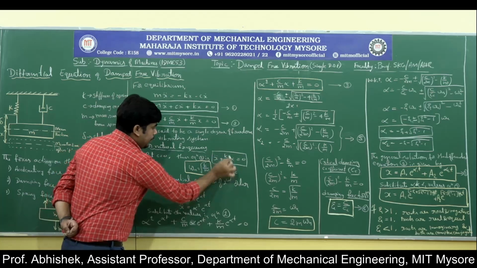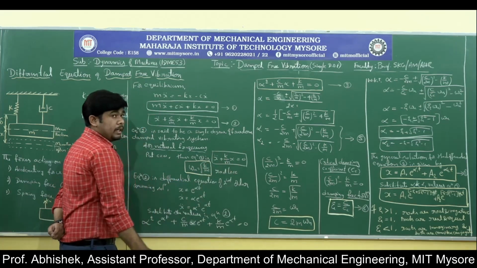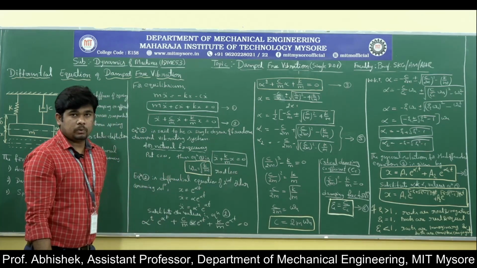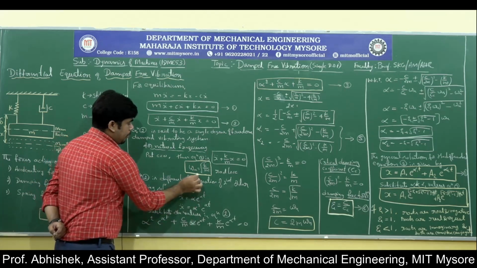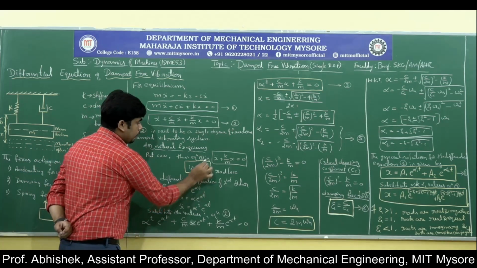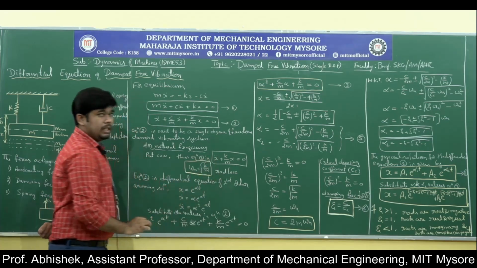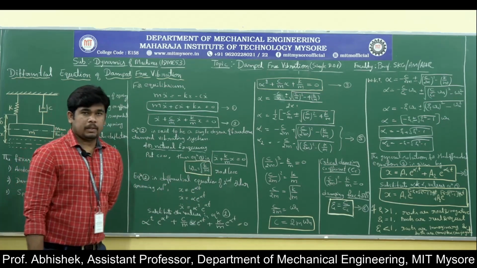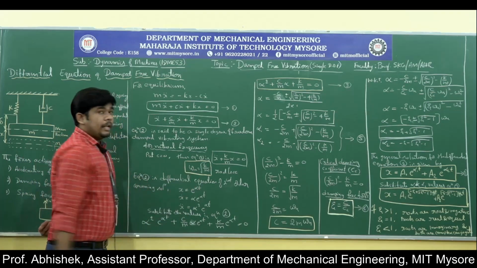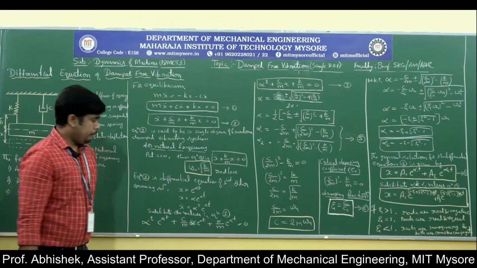This term k by m relates to the natural frequency. We have the formula omega n is equal to square root of k by m, expressed in radians per second. So that is the natural frequency.